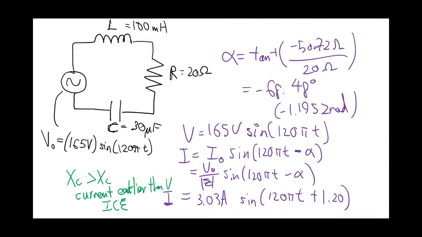ICE. That's why we expect a phase shift that is positive. Shift to the left. So given this V, you will get this I.